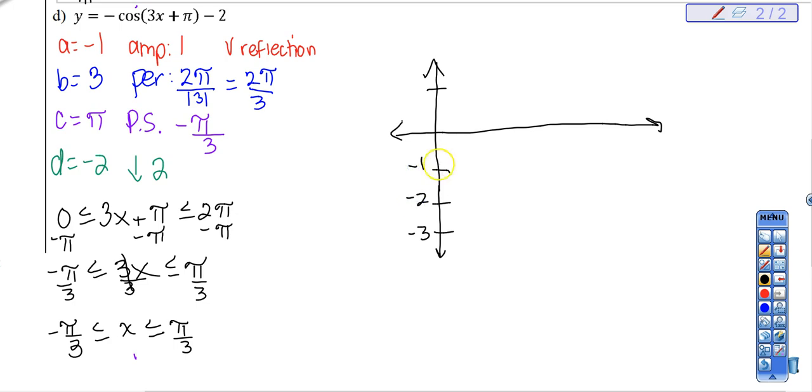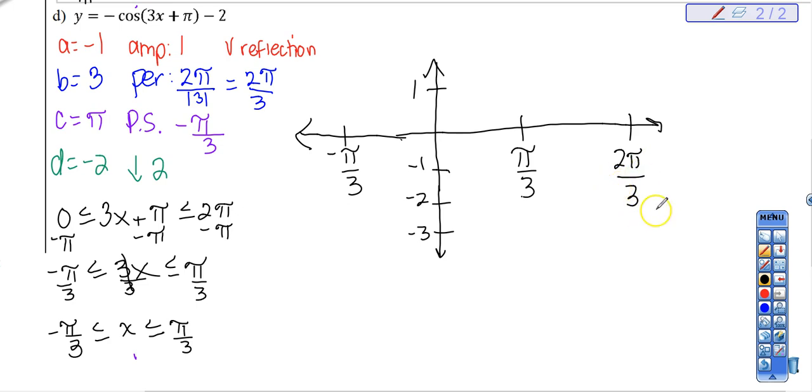I also want to evenly disperse my x-axis on each side of my y-axis, because half of my graph is on the left at -pi over 3, and the other half is on the right at pi over 3. Then I'll put 2 pi over 3 on there so that I can go a little bit beyond the cycle.